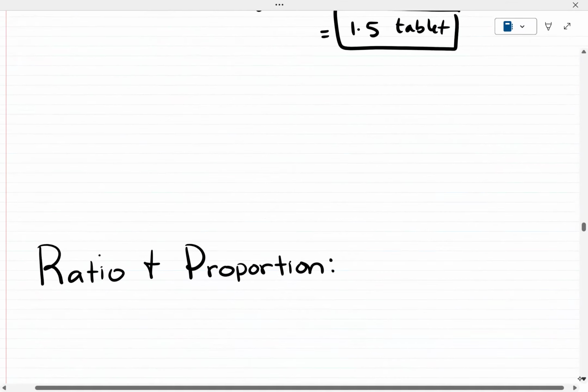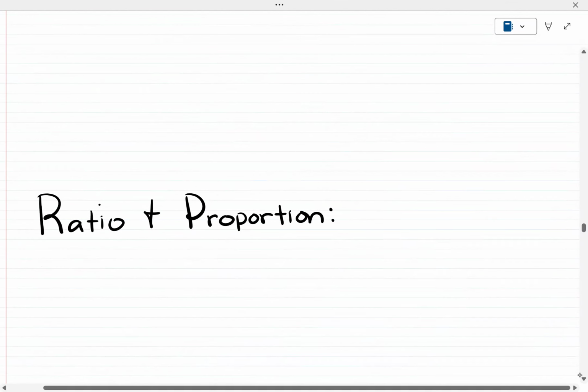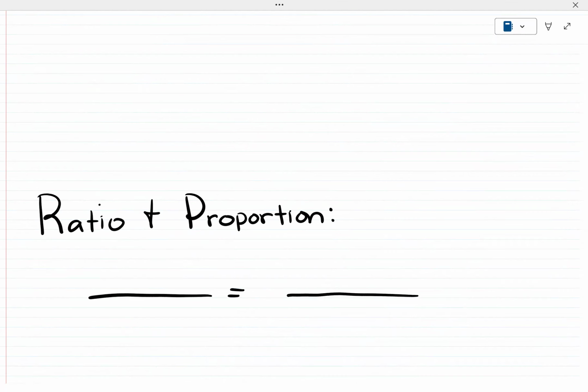Okay, let's do ratio and proportion. How would we do it? We would set it up like this: a fraction with milligrams over tablet, equal to milligrams over tablet. We have 30 milligrams. We don't know how many tablets, right?